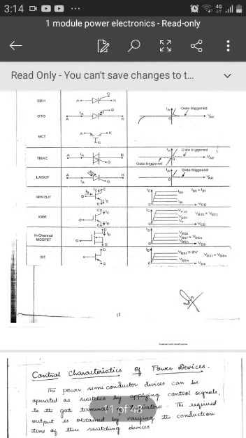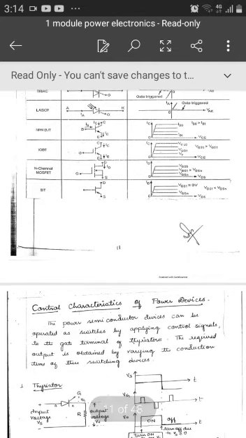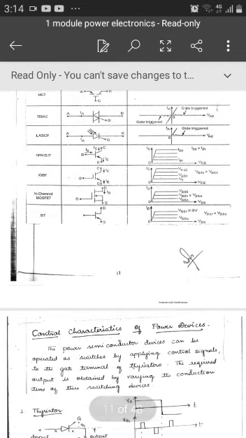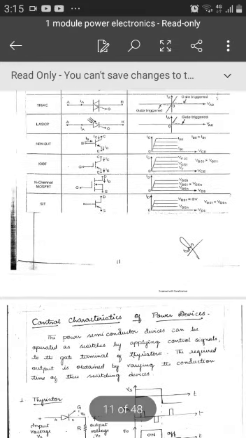Hence IGBT has high power levels and high operating frequency. They are available up to 1.5 kV and 400 amperes. IGBTs can operate up to 20 kHz. The on state losses are less than 3 volt. The figure shows the symbol and characteristic of IGBT.